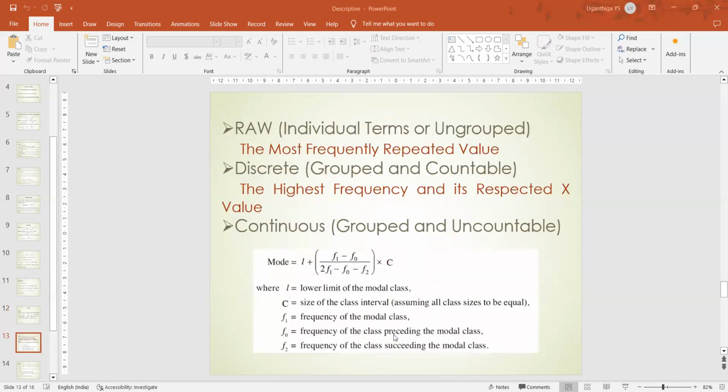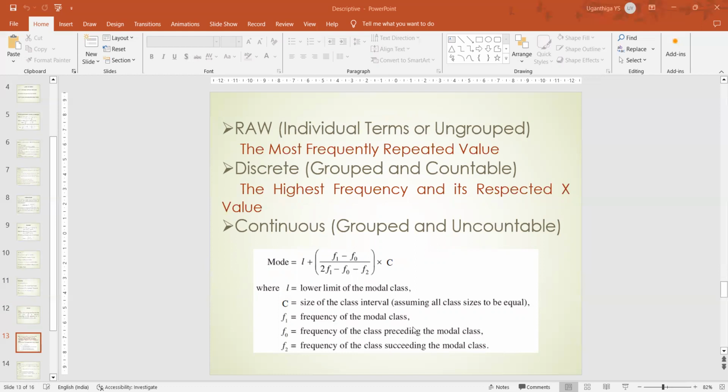Here also we have three different series. For raw data, usually there is no formula. We can just use the definition of mode, the most frequently repeated value, to find the mode. The same definition can be used to find the mode in raw data.